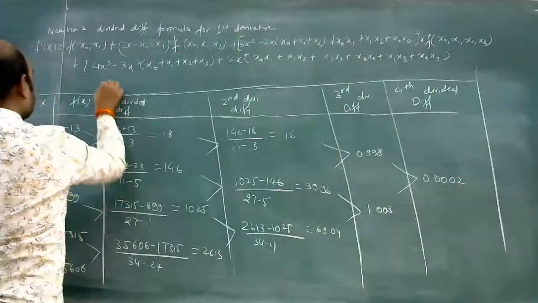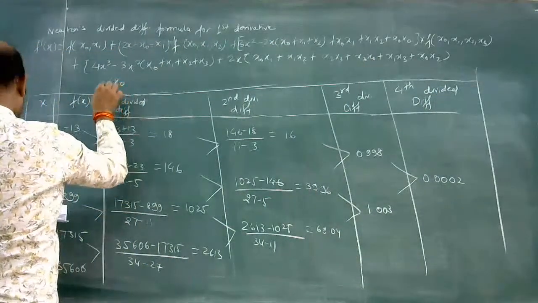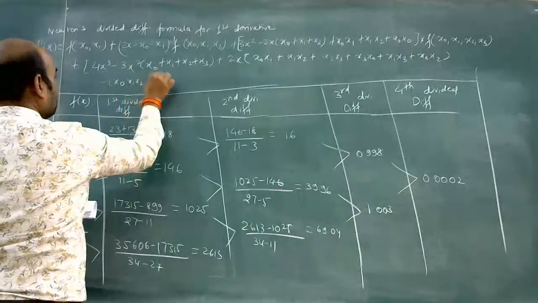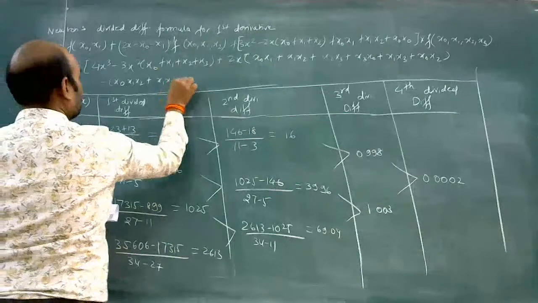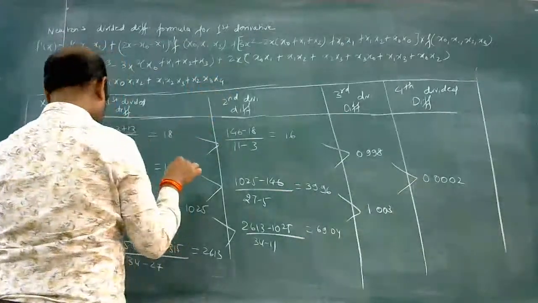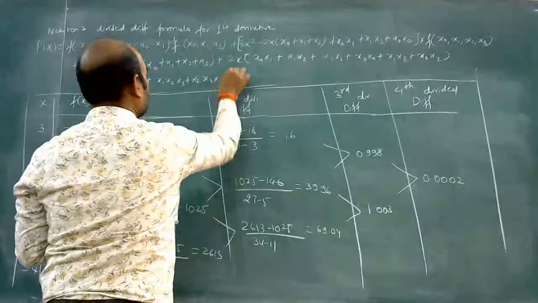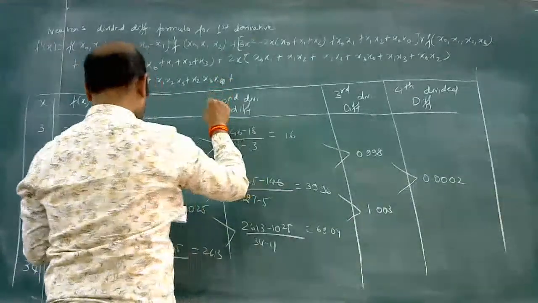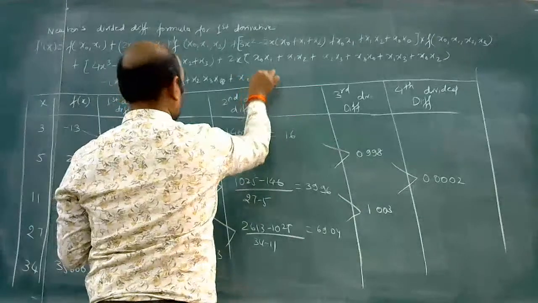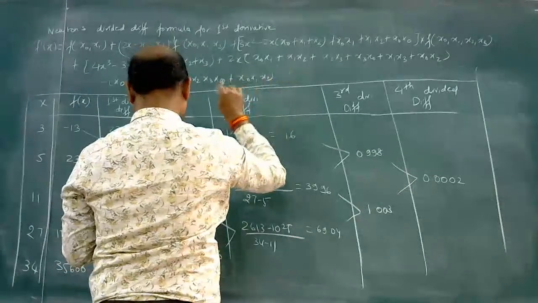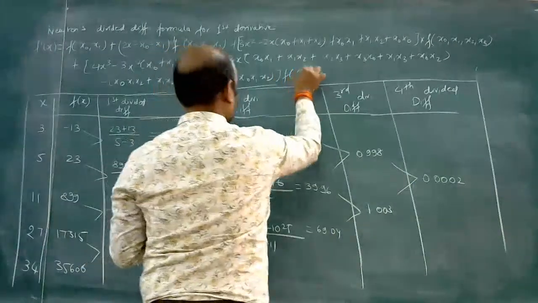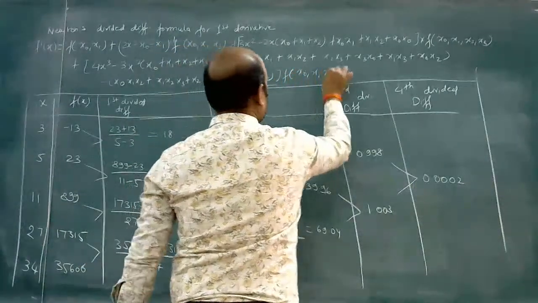The last one is minus x naught x1 x2 plus x1 x2 x3 plus x2 x3 x4, plus x naught x1 multiplied by x naught x1 x2.